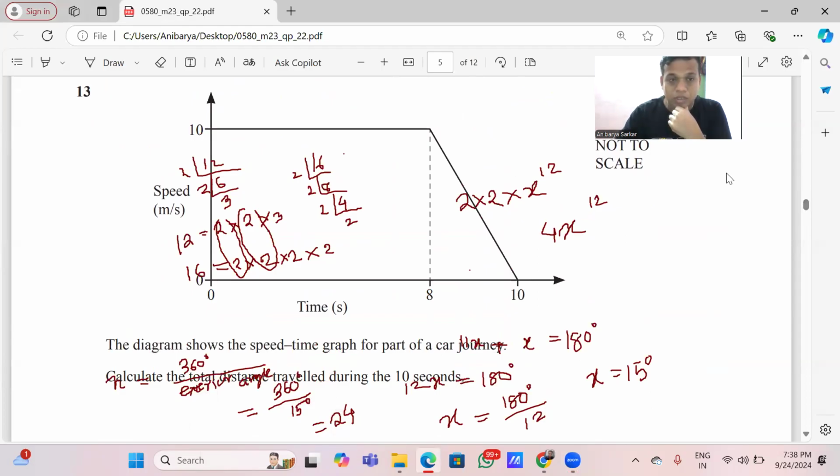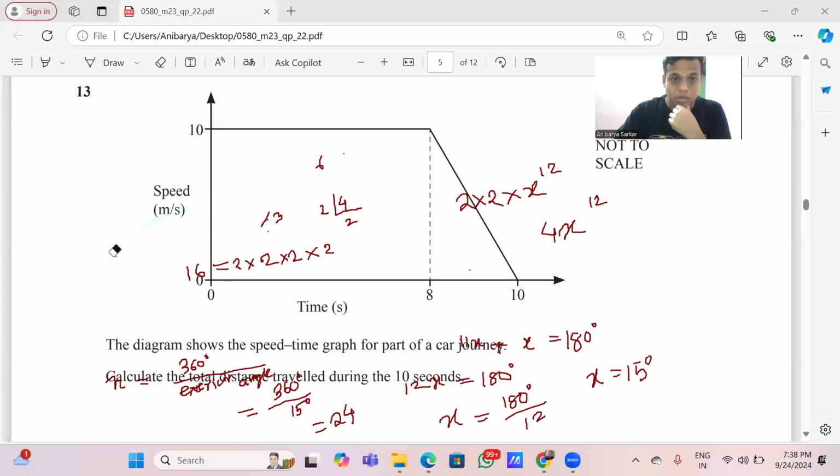We will solve this one. This is a speed time graph.